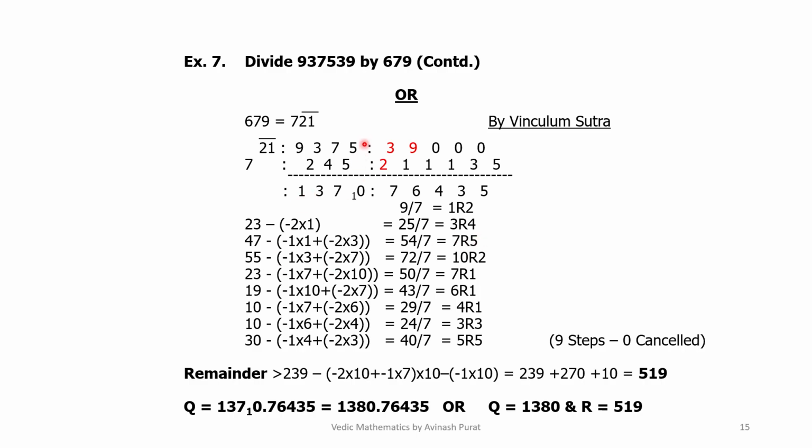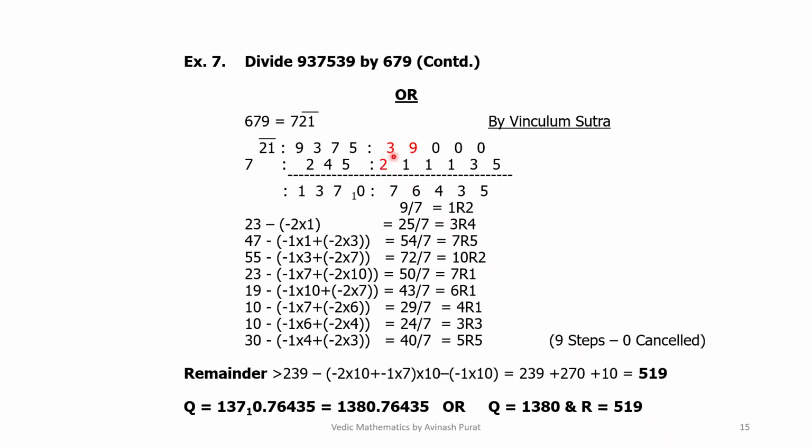Now 55 minus 1 into 3 plus minus 2 into 7, that is 14 plus 3 is 17. 55 plus 17 is 72 divided by 7. We take a quotient as 10 and remainder is 2.